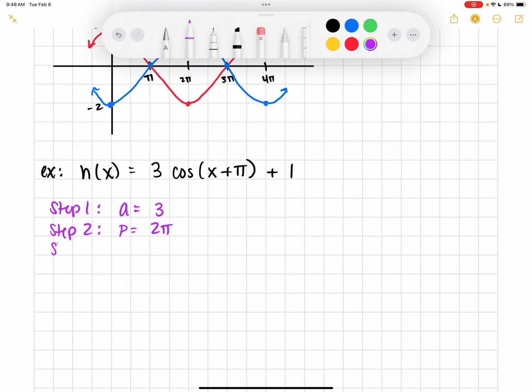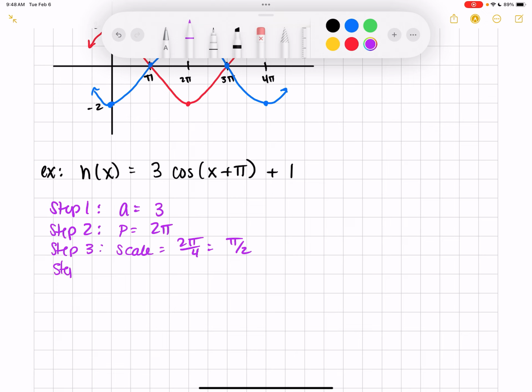The x scale. So it would be 2 pi over 4, which is pi over 2. So increments of pi over 2.